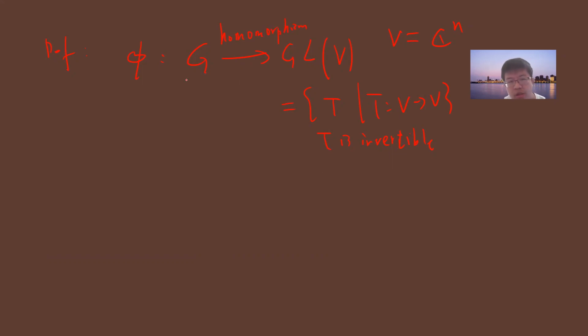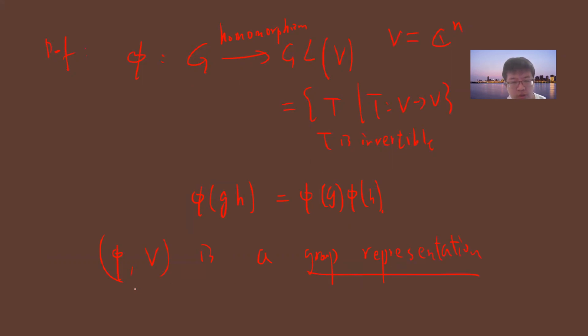That means phi(GH), a matrix, needs to satisfy phi(G) times phi(H). Once you have this, we call phi with V a group representation.